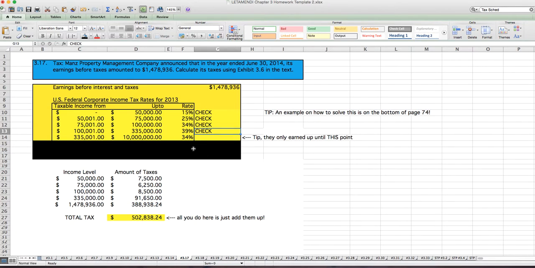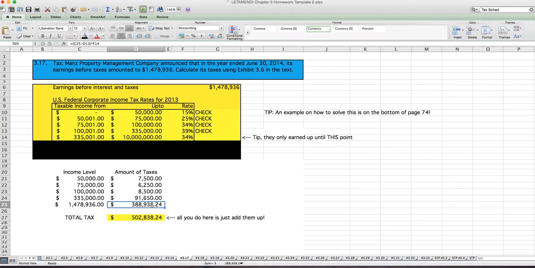And now we're here at the final level, right? So now, in order to calculate the taxes for the final level, and all of these were what we calculated in the problem, right? In order to determine this last level here, if you notice, they've only made $1.4 million. I say it like it's not a lot of money. It is, but they didn't make $10 million, right?